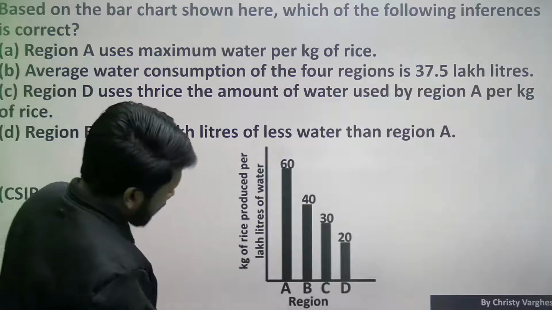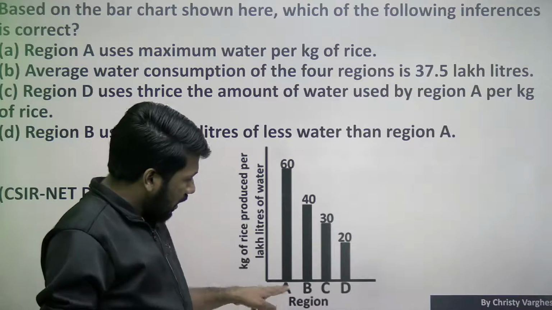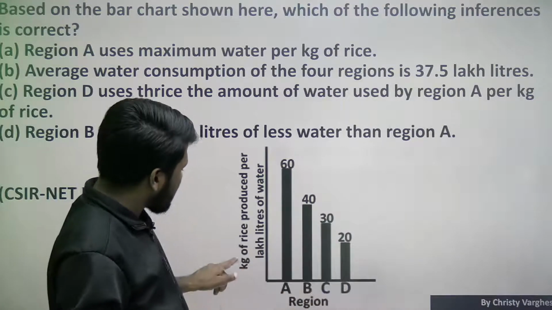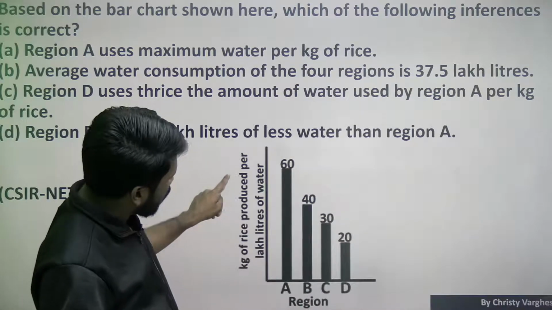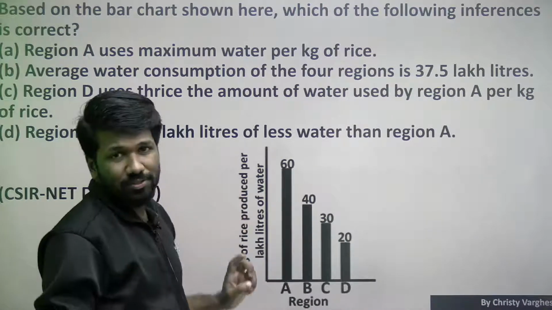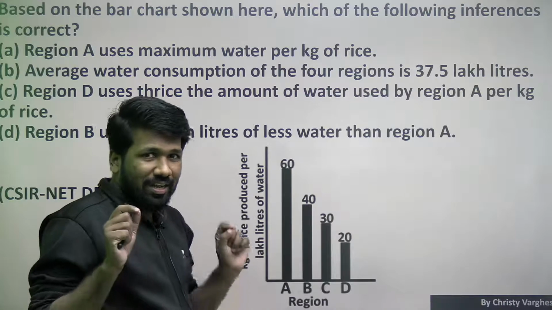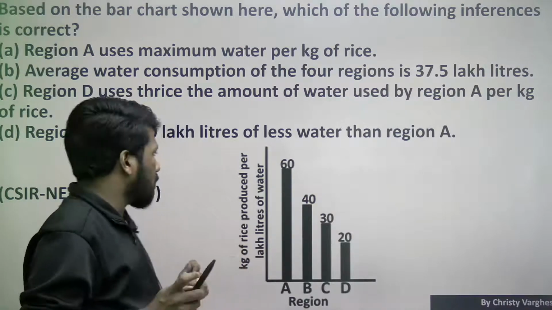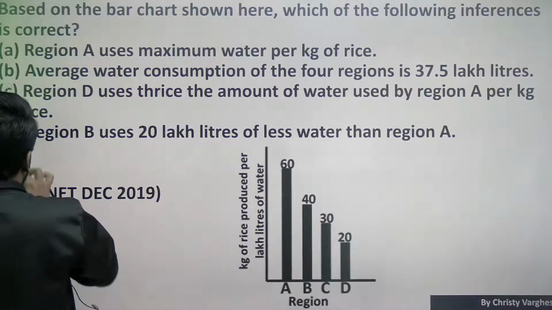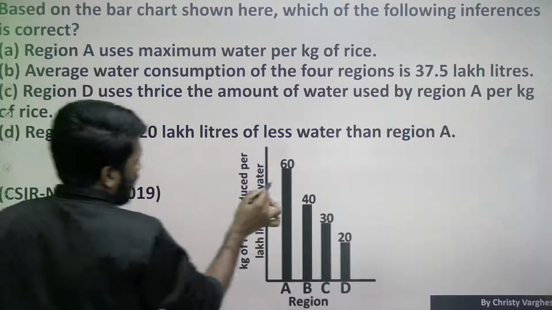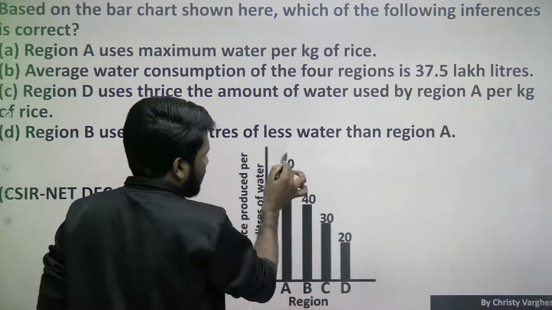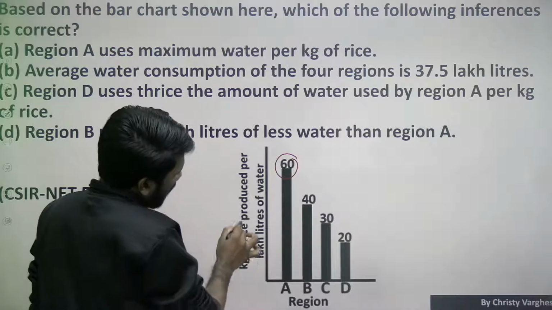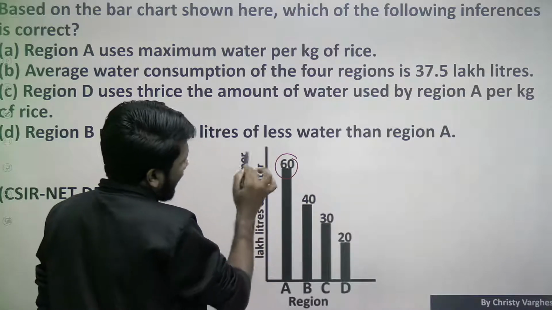So the bar chart, x-axis have region A, B, C, D. Y-axis have kilogram of rice produced per lakh liters of water. Understand that very carefully. I will make you understand what is the meaning of 60. Region A में 60, 60 kilogram of rice produced per lakh liter of water.